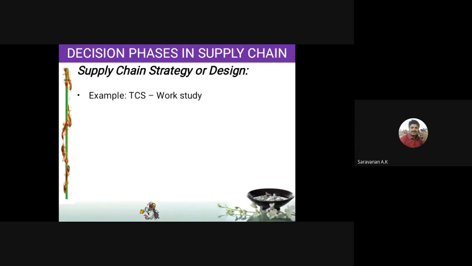But the constraint for the TCS is that they have to make them work without tea breaks, or even if they give a tea break, it should not affect that 8-hour period. So TCS had this big question to take a decision. Okay, the TCS took a good decision, so now they are running well. If possible, tomorrow you can give some answer on how to avoid these situations.